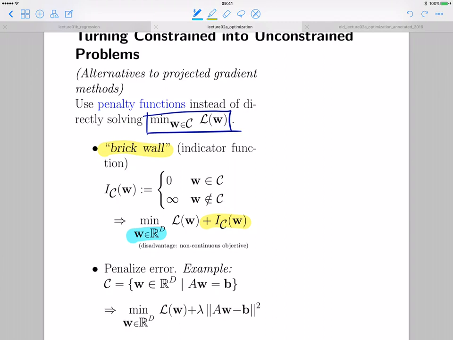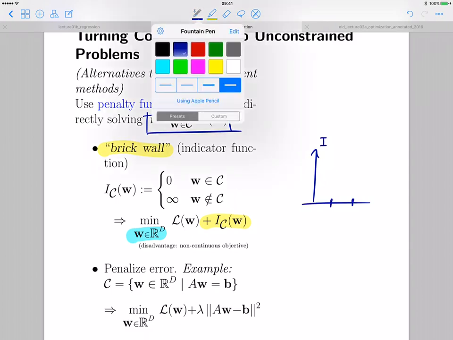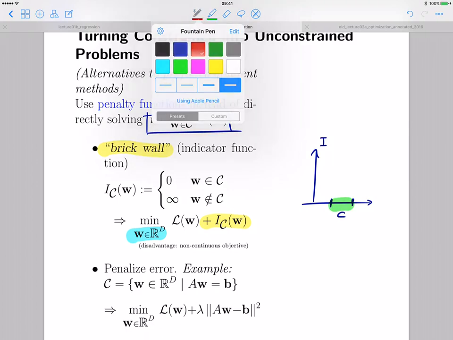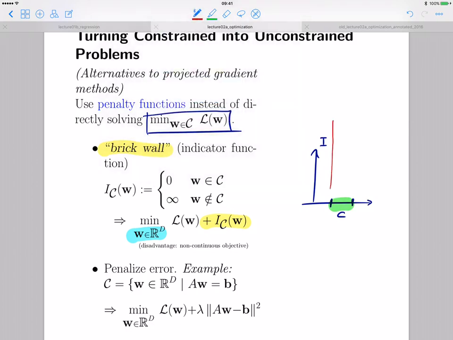It's a difficult function to optimize, that indicator function, as we call it. Maybe if your set C lives here in just one dimension, then this function is a bit nasty. It's infinitely high, which I cannot draw, plus infinity, and then it's 0 when you're actually inside.